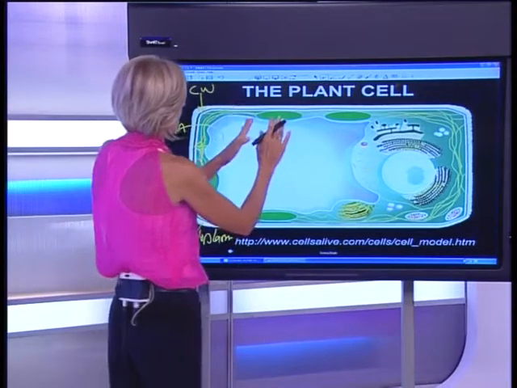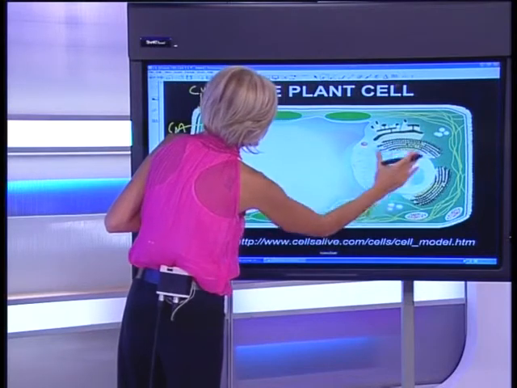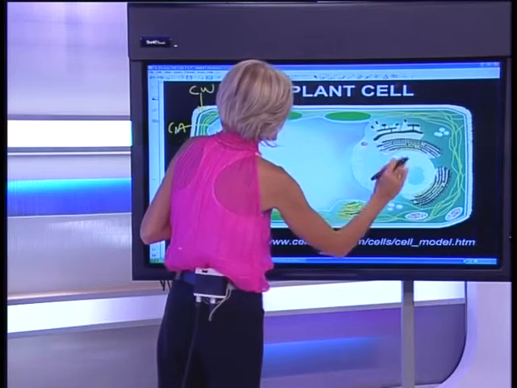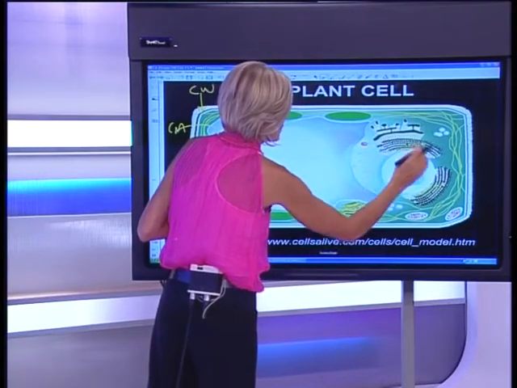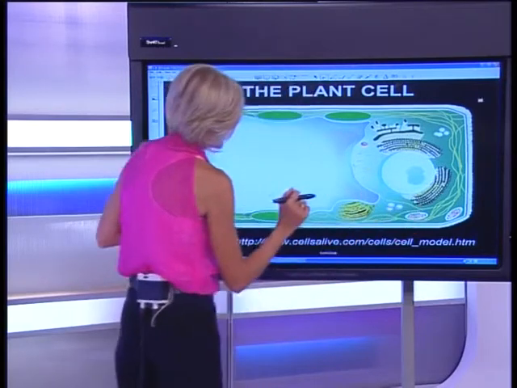If we look here, there are mitochondria, and we have our nucleus over here, and the Golgi apparatus, and the smooth and rough endoplasmic reticulum, and we have a mitochondria.